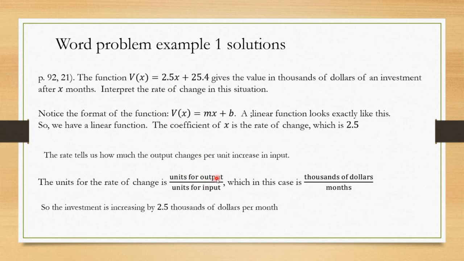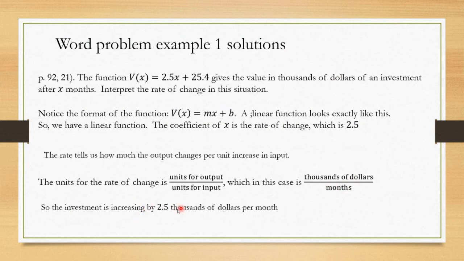So the output, we are told, is thousands of dollars. The input here is months. So the units for our rate of change are thousands of dollars per month.